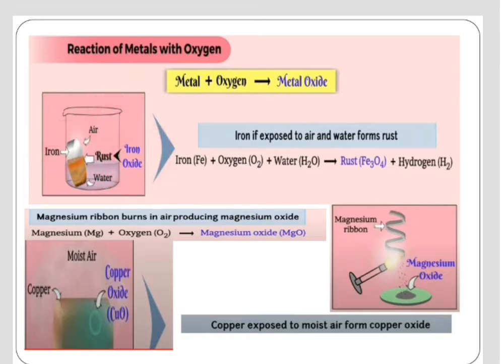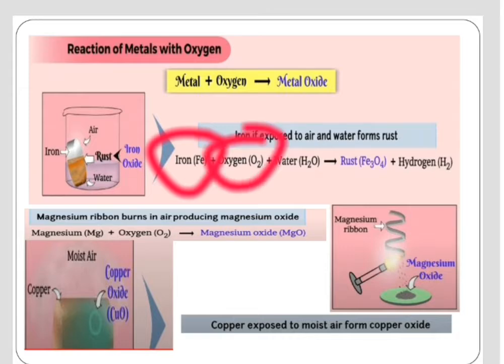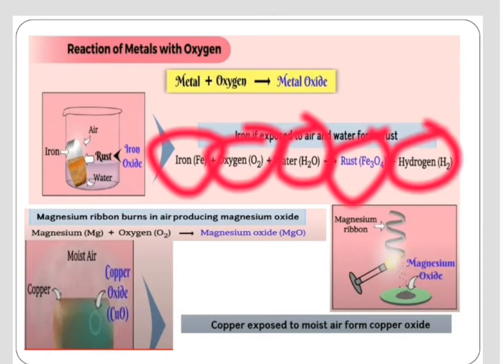Iron reacts with oxygen plus water to form rust and hydrogen.